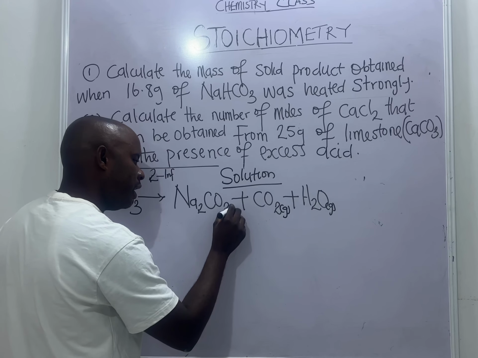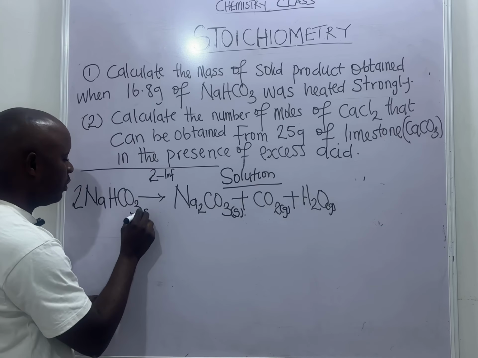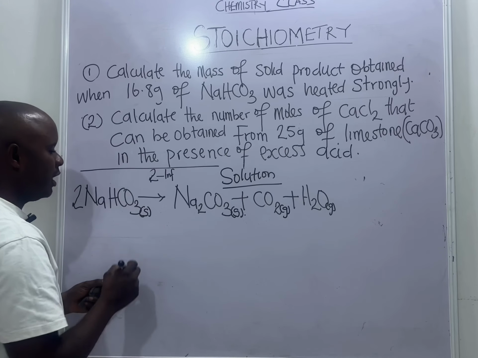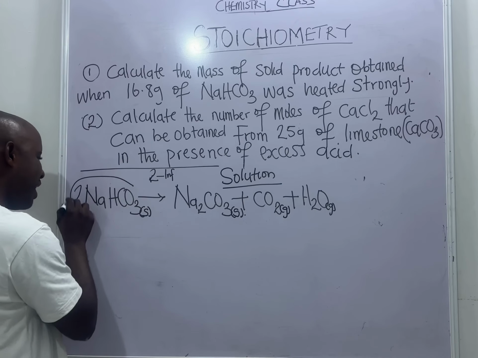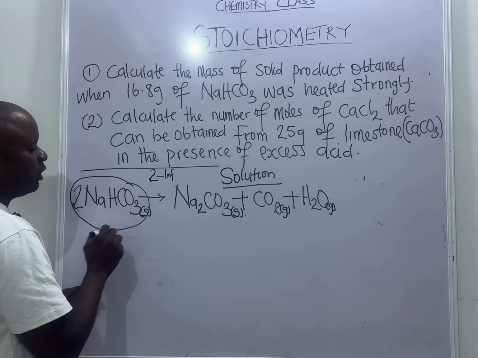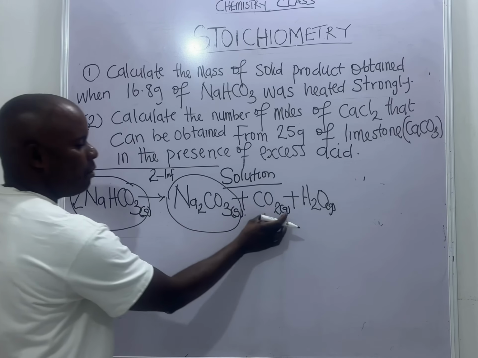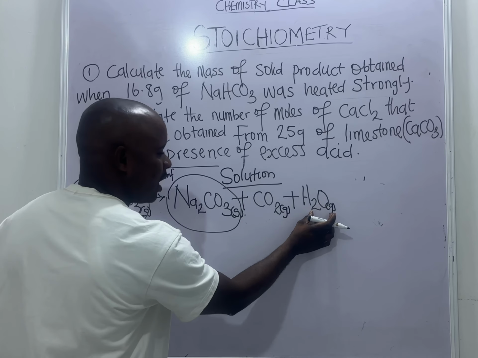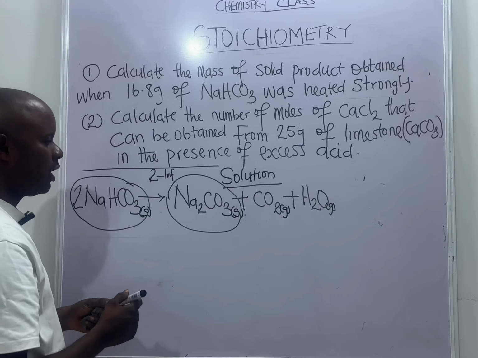The only solid here is this one. For it to decompose, to undergo heating, this is solid. So the carbon dioxide and the water do not actually concern us in this calculation.